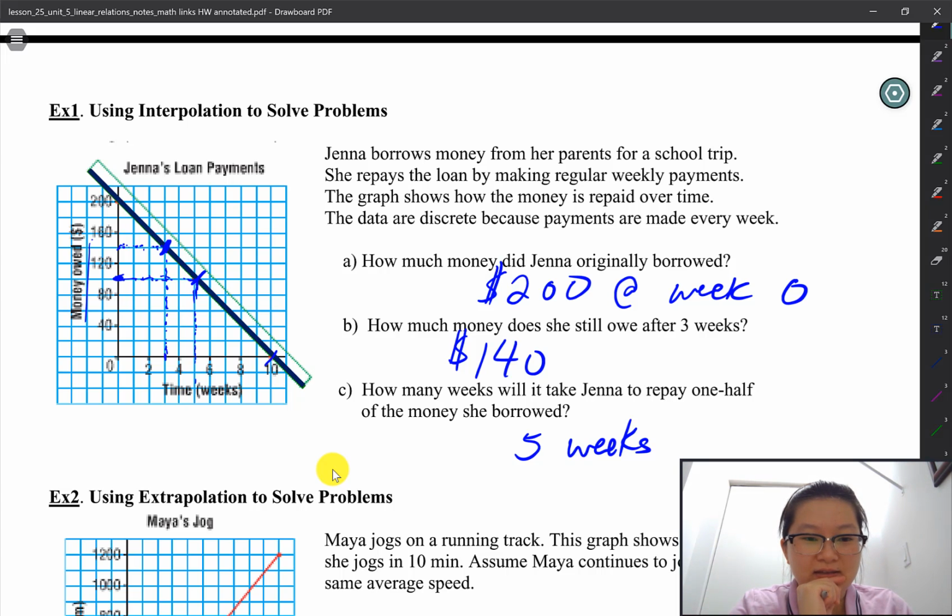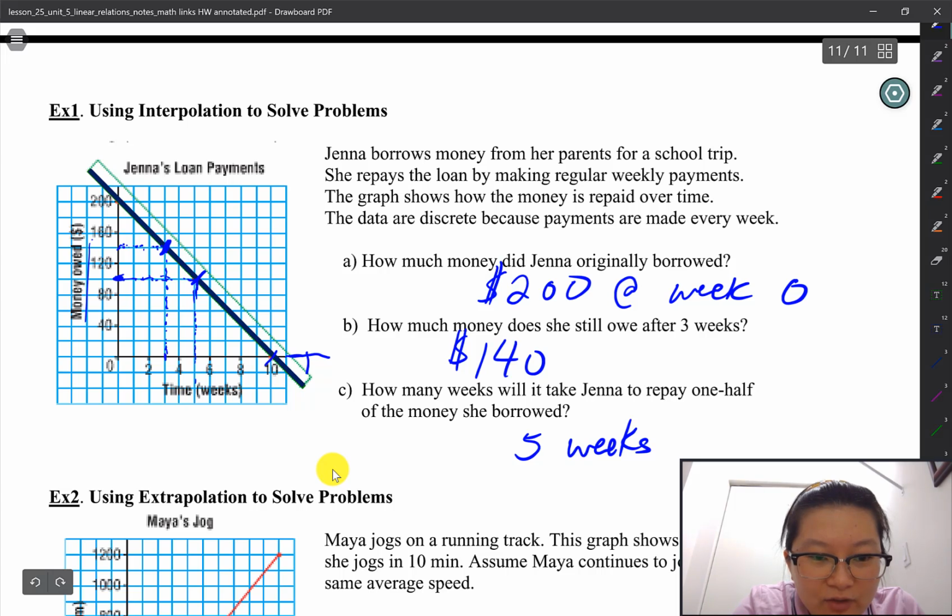Unless Jenna really wants to pay her parents money because she loves paying them, then sure, the graph can keep going. If she still continues at the same rate, then after 12 weeks, she would have paid another amount, this much, which is $40. This is -20. This is -40.